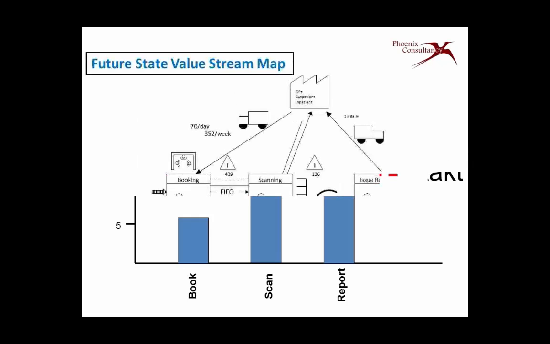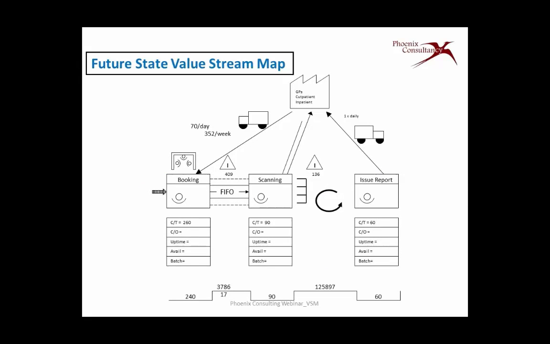So the future state map is the most important in your service improvement efforts, in my opinion. It's not just about your current state. Think about the work cells. Think about where you might be able to put in first in, first out systems if you can't truly move to pull. Consider putting in buffers so that the queues and backlog don't really get out of control.